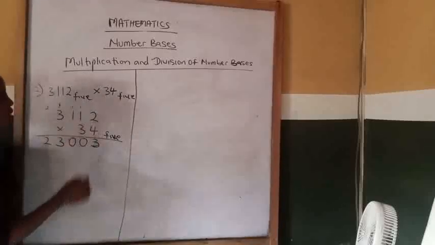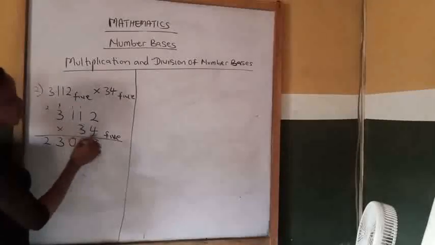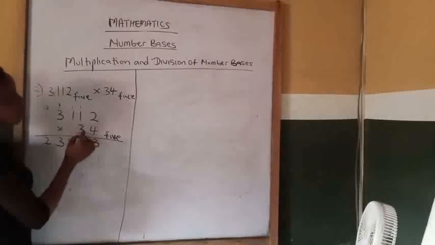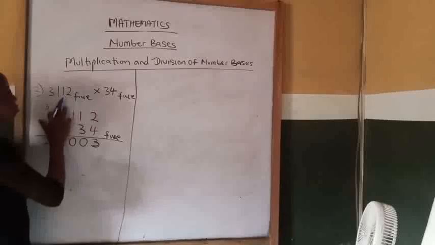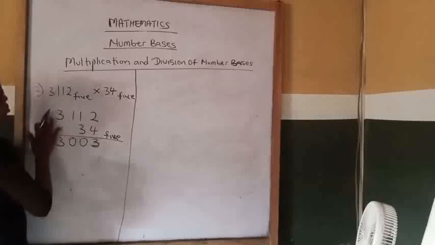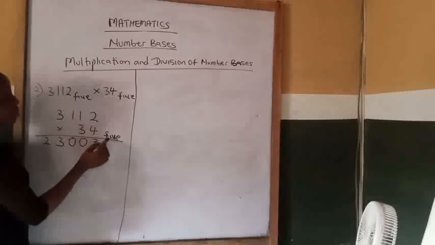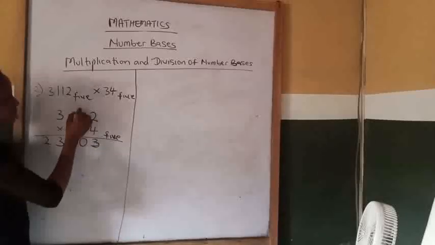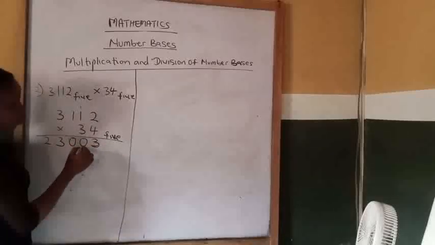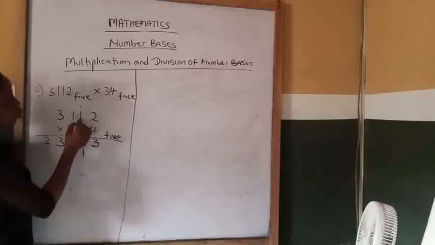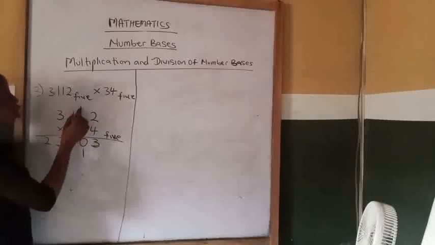3 times 2 is 6, which is greater than your base. How many 5 can we get in 6? It is 1. Remainder 1. Then 3 times 1 is 3, plus 1 is 4.